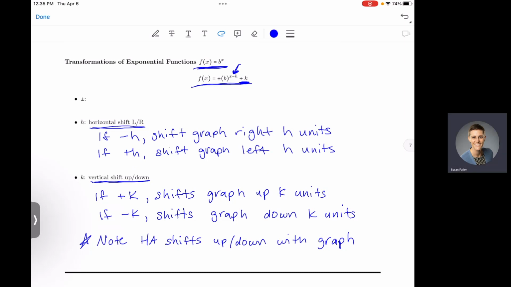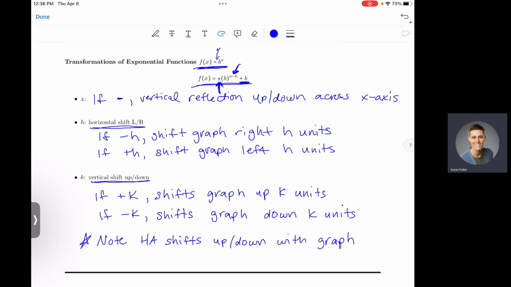Okay. And then last but not least, what about this plus and minus out front here? If it's a plus, that doesn't change anything, because technically there's also b to the x is positive b to the x. It's kind of understood to be positive. The negative here, really what I mean by that plus or minus, is if you have a negative out front, then what that's going to do is give you a vertical reflection up and down across the x-axis.